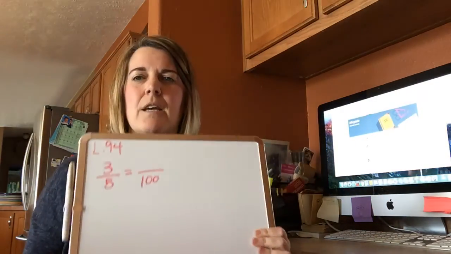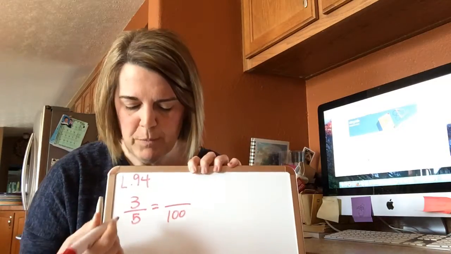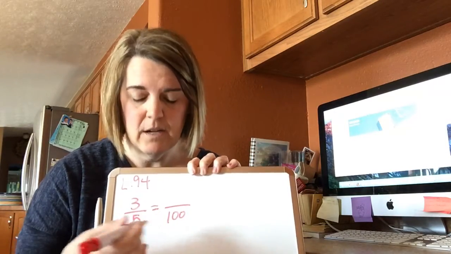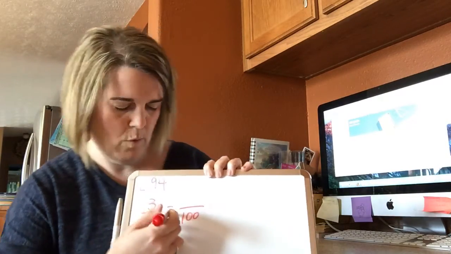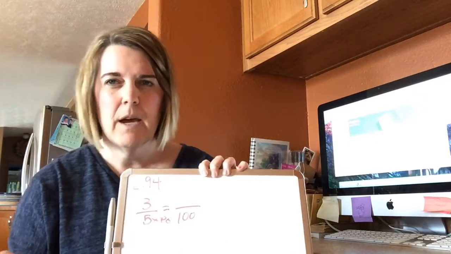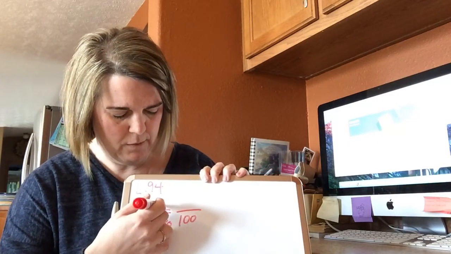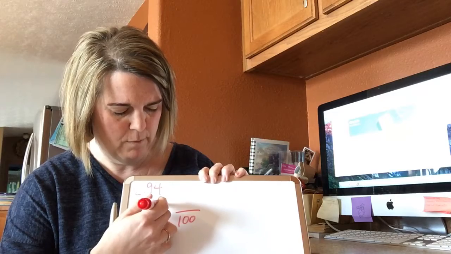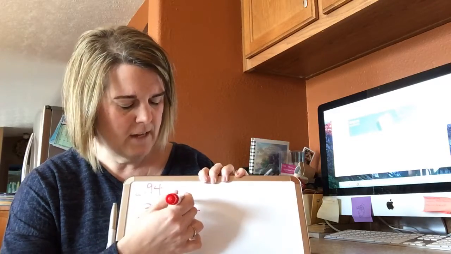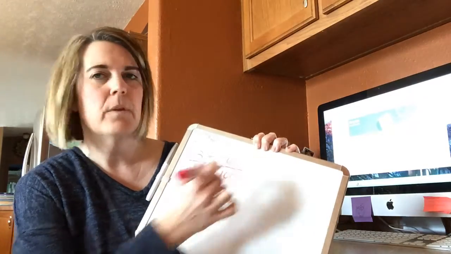So if you have 3/5, we know we can get a percent by multiplying 5 times what to get 100. So we multiplied it times 20. If we multiply the bottom by 20, we have to multiply the top by 20. So that gives us 60, right?